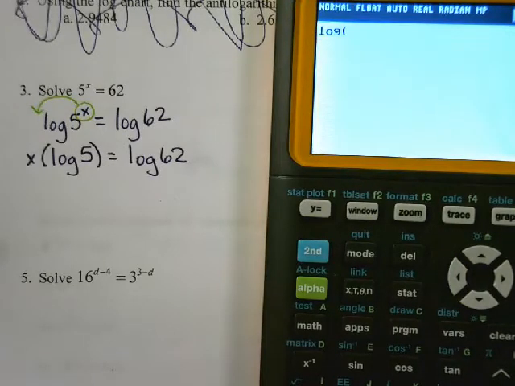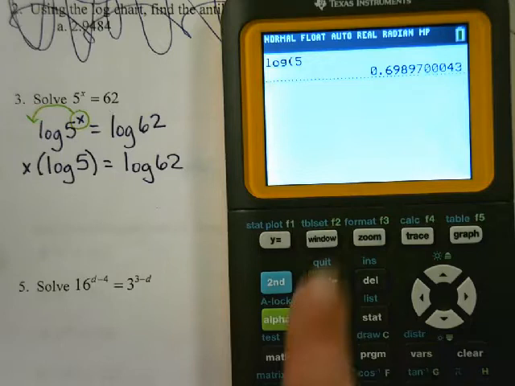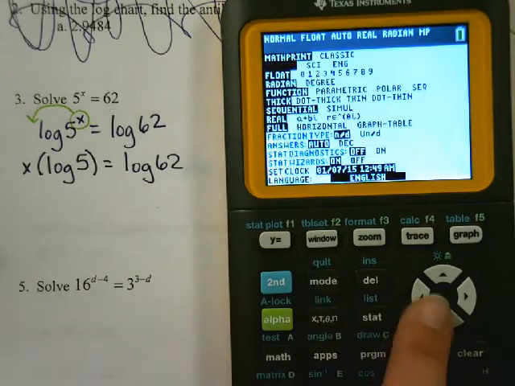Okay, so what we're going to do now is put that log of 5 into our calculator and get its decimal approximation. Okay, let's do that. Log of 5. Let's go to 4 decimal places. We're going to work through 4 decimal places for all of these. So, how many of you want to set your calculator to hold it to 4? If you want to do that so you don't have to think about rounding, hit mode.